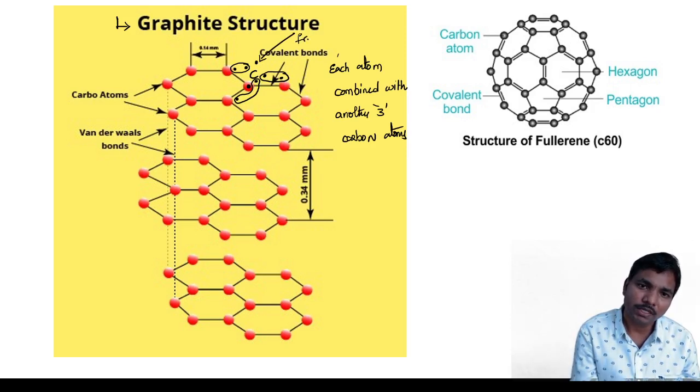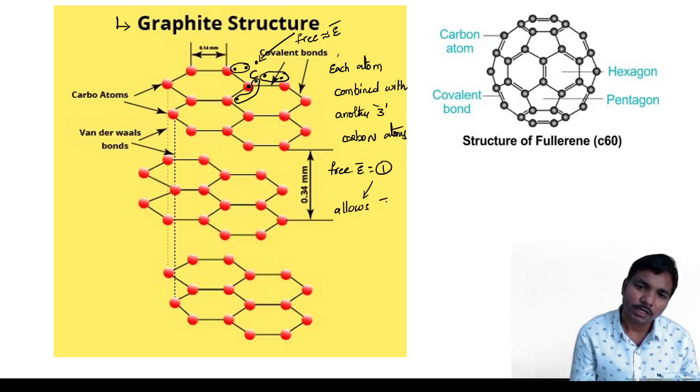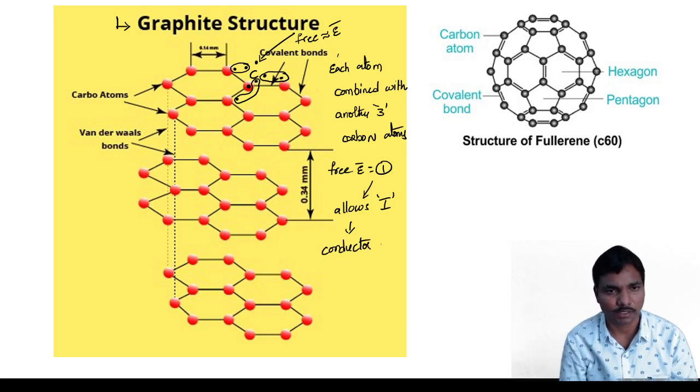So it acts as a free electron. So graphite structure has how many free electrons? 1. So because of this free electron, it allows current through it. So it acts as the conductor. Very important.